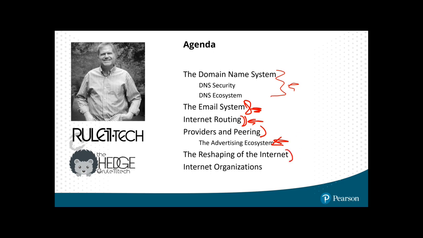Then we'll talk about the reshaping of the internet, what's been going on recently. I noticed that the FCC has been pushing a little bit about net neutrality again. So maybe I don't really have slides for that, but maybe I'll talk about it a little bit. And then we'll talk about internet organizations and what they do. So that is where we will go with this.